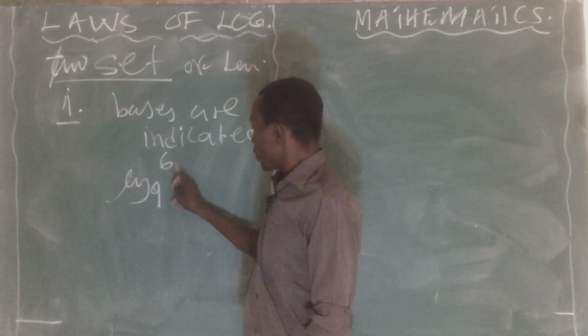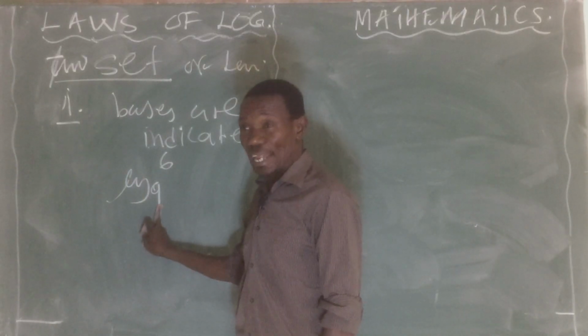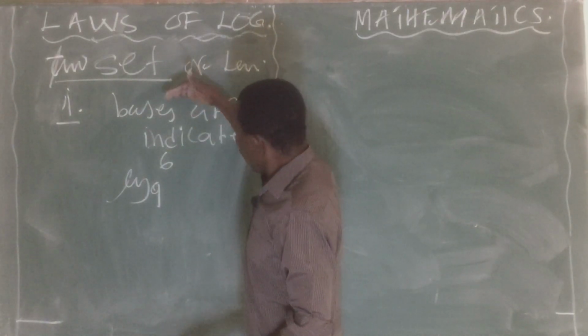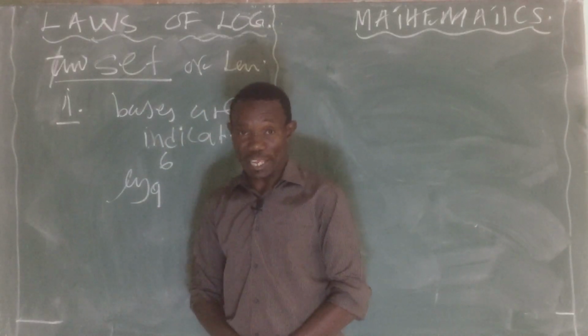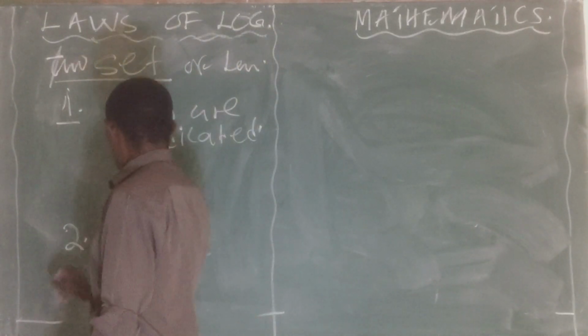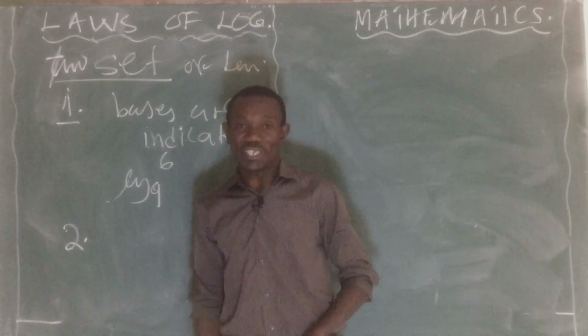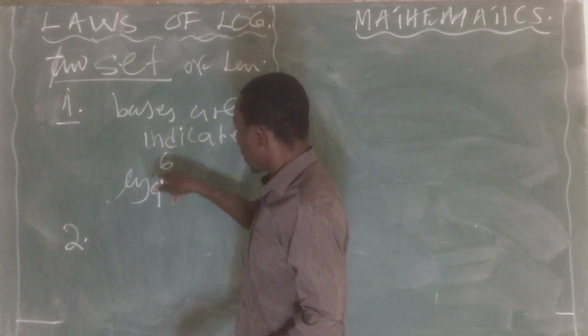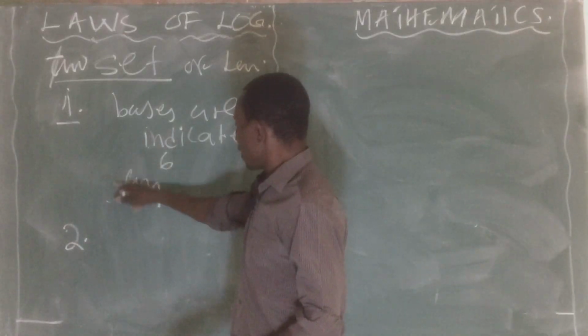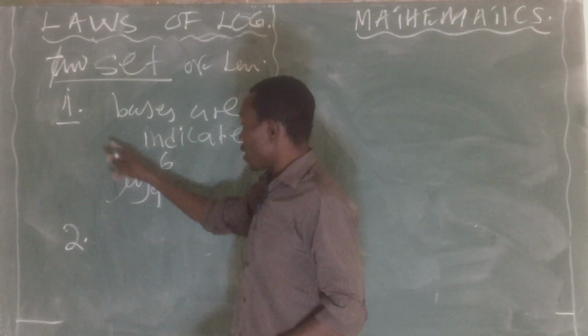So if you talk of the logarithm of 6 here, the base is indicated as 9. So we discuss the laws of logarithms whose bases are indicated, like 9. Another set is a set of laws whose bases usually are not indicated. Like for example here, if I've indicated log of 6 to base 9, 9 is the base in this case. So here a base is indicated. That's what I mean here.